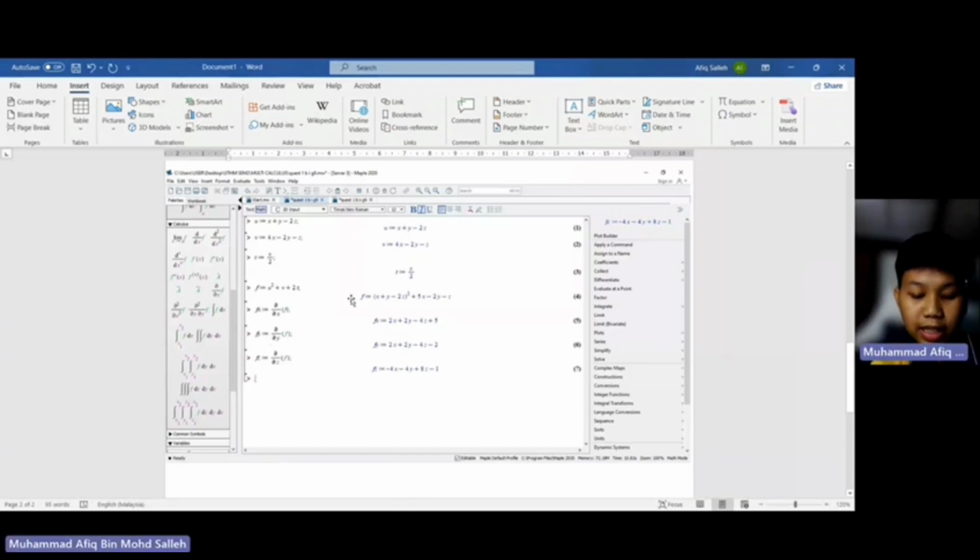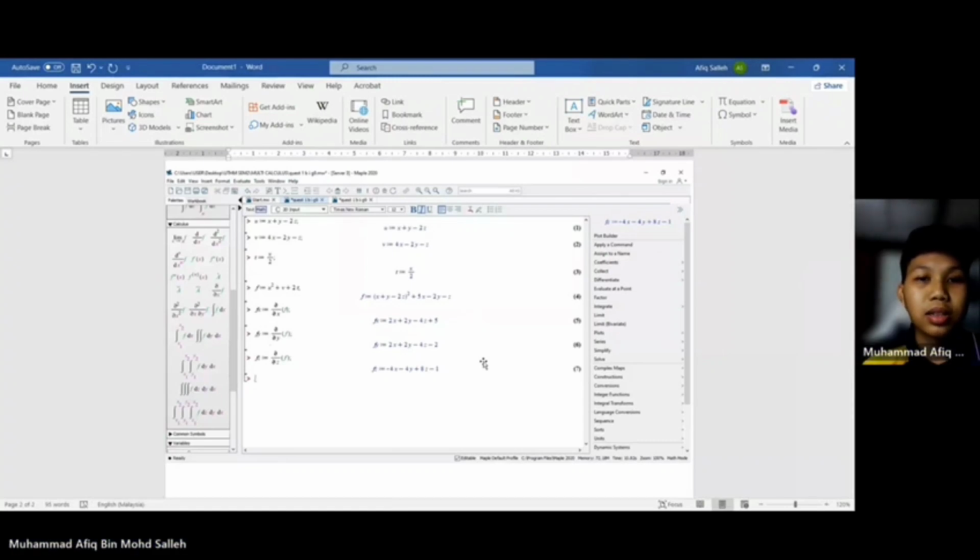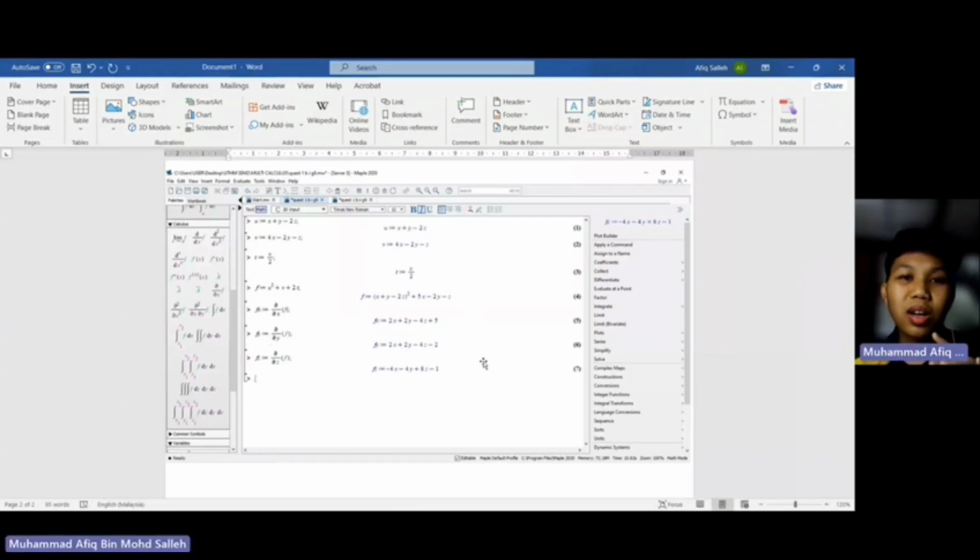After you click enter, Maple will auto-generate and the answer will be shown on the screen. So the manual and software simulation are the same, we got the same answer. I think that's all for the software Maple. Thank you.